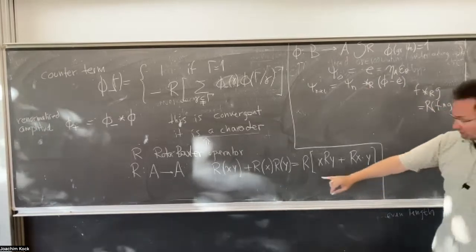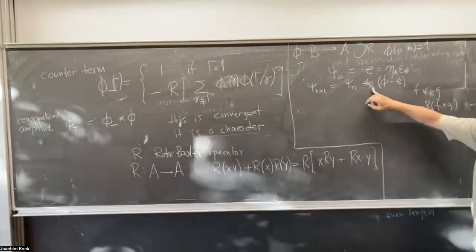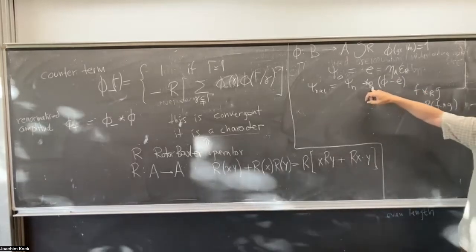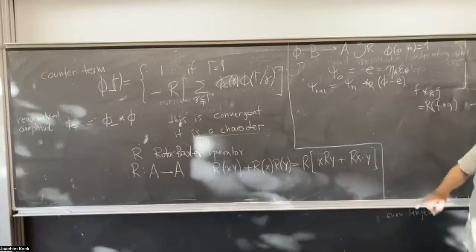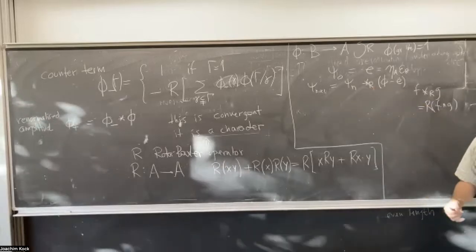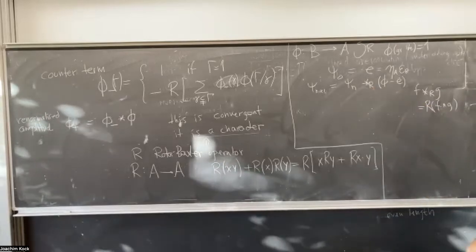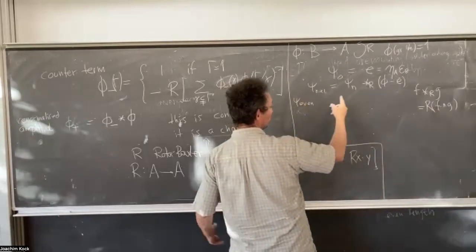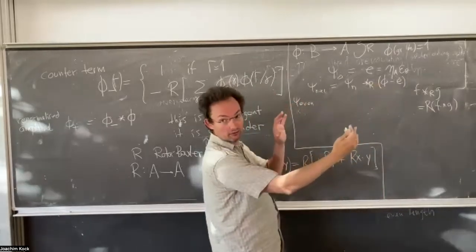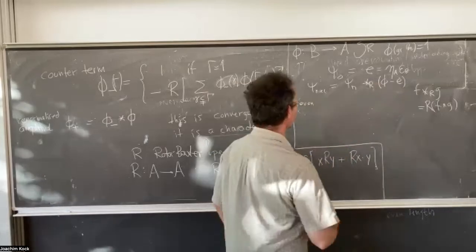So since it's not multiplicative, this is a crazy product. It's not associative, and I don't think it's unital either. So it's not something you would like to use very much, but it's good enough to do exactly all the same things as before. You just need to be careful that you don't associate parentheses.